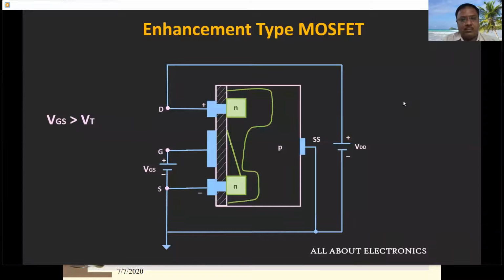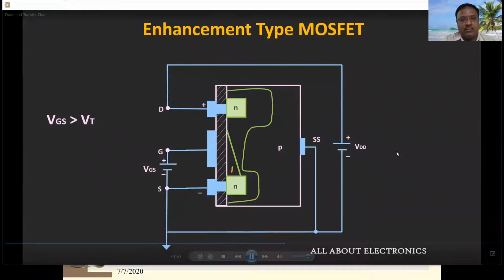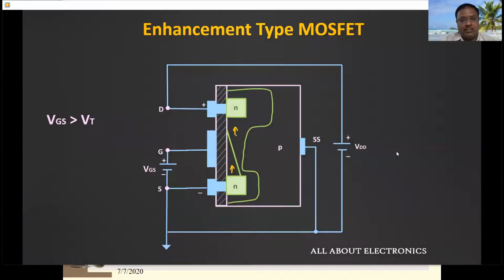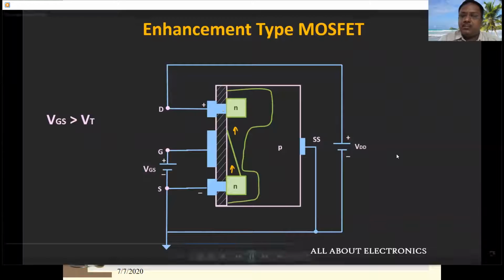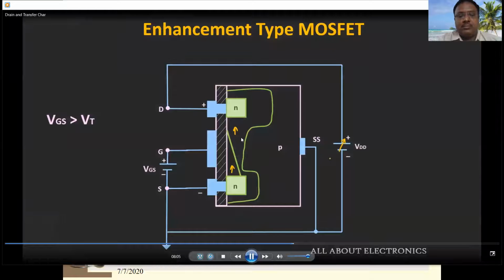But actually if you see, the current will still flow through this channel and this current ID will get saturated, because the electrons which are passing through this channel can still cross this depletion layer due to the electric force. So once the pinch off condition occurs, the current ID gets saturated, and even if we increase the value of voltage VDS, the current through this circuit will remain almost constant.